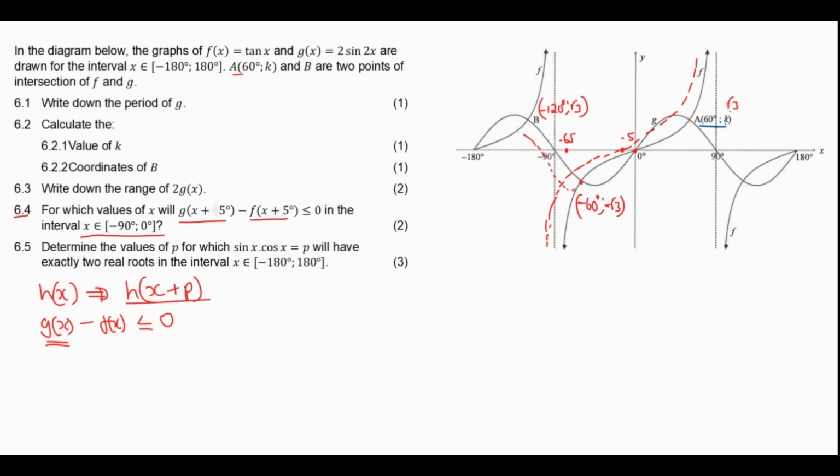Everything is just shifted by 5 degrees to the left. This is g(x). So where are they meeting? At this point here, and then at this point here. This point x is -65 degrees, and this point here, x is -5.